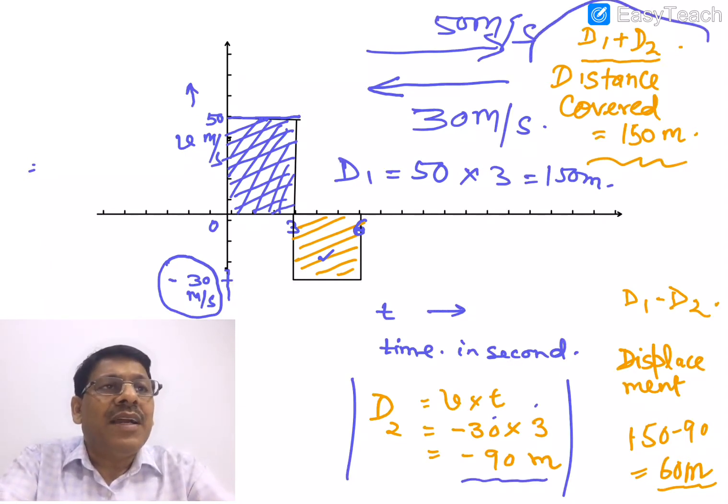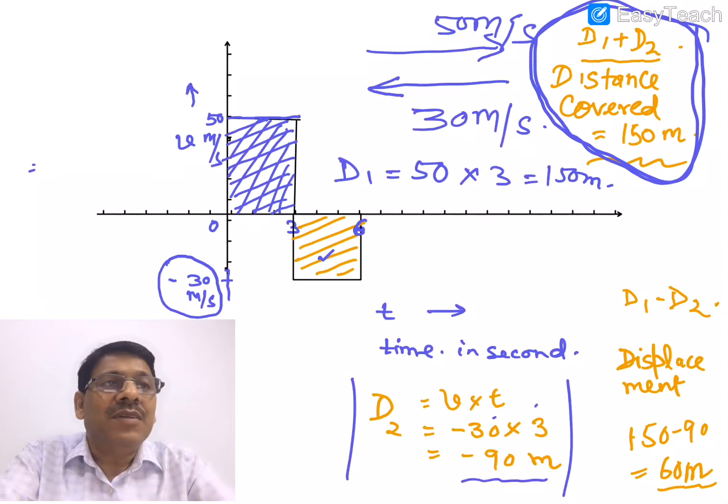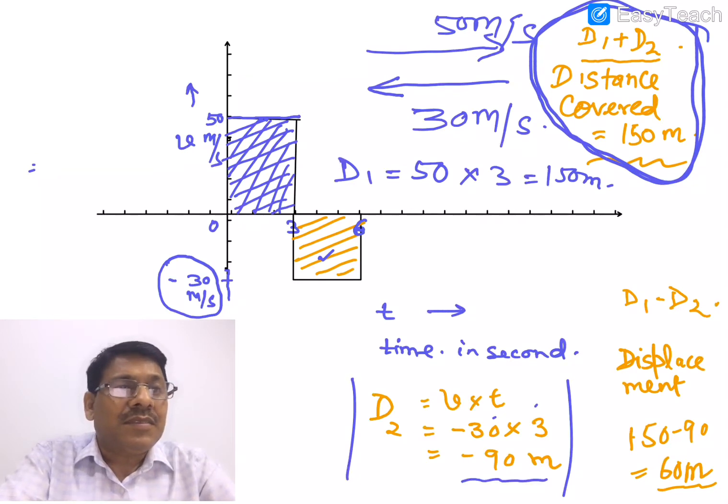Ultimately, if we find the total distance covered, that is D1 plus D2, means both of the distances, one is 150 meter, another is 90 meter.